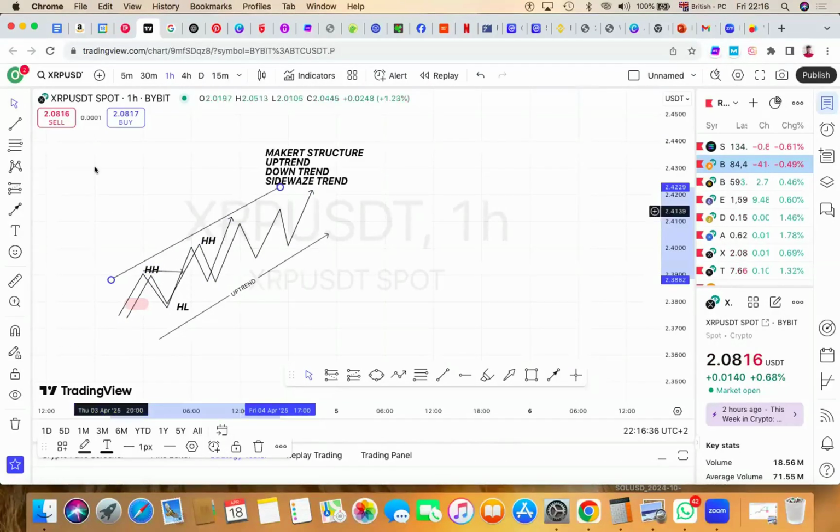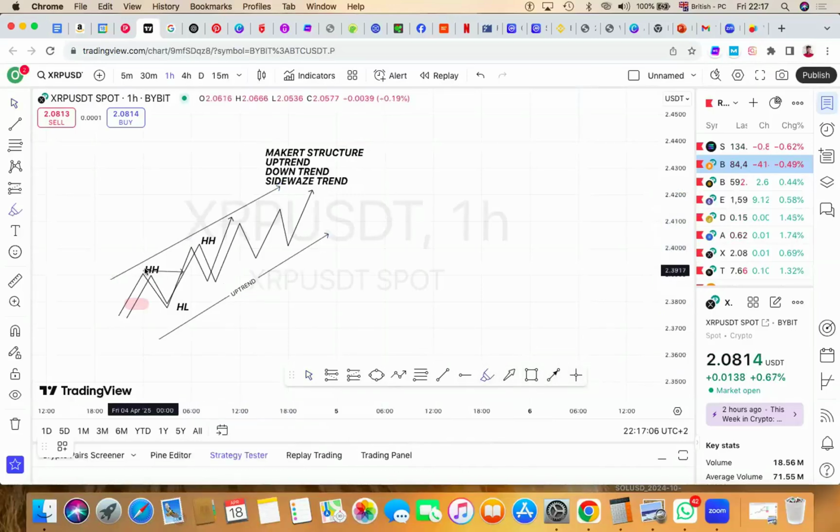For example, in this case here we have SRP, but since I'm showing us the structure of the market, now we identify that this market is moving in an uptrend. So for you to confirm an uptrend, there has to be a break of structure, right? This market is moving here, and there's an impulse move, a slight impulse move to the downside, which from here, you can actually see it from here.